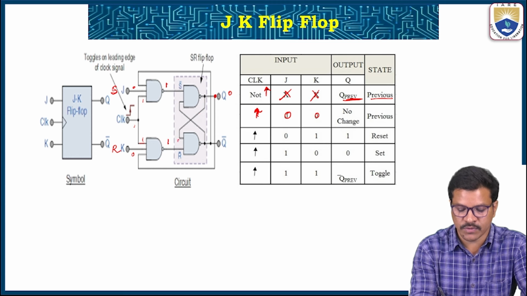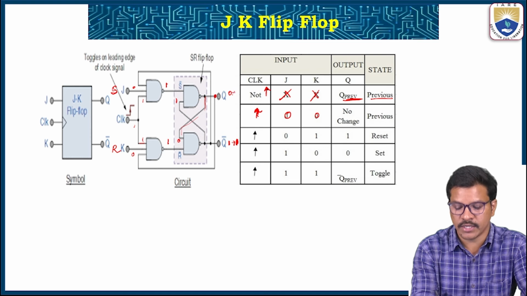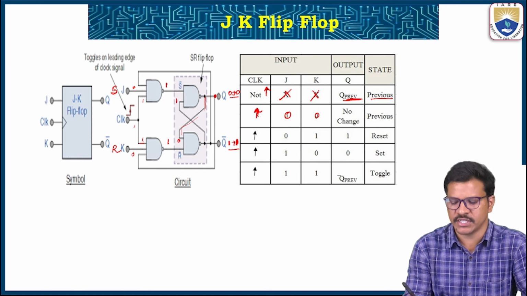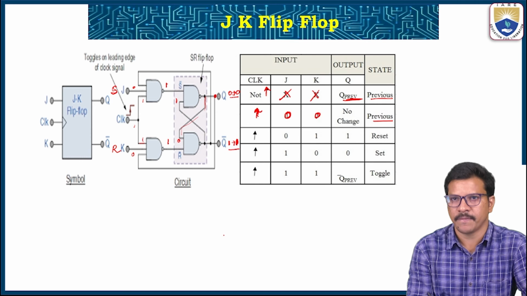When Q is 0, Q bar is 1. And this 0 is available here: 0 into 1, then this is 1. And this one is available here, and 1 into 1 bar in the NAND gate, you will get 0. So same output, 0 becomes 0 and 1 becomes 1. Unchanged. So this case 0 0 is the previous state, unchanged, no change state.